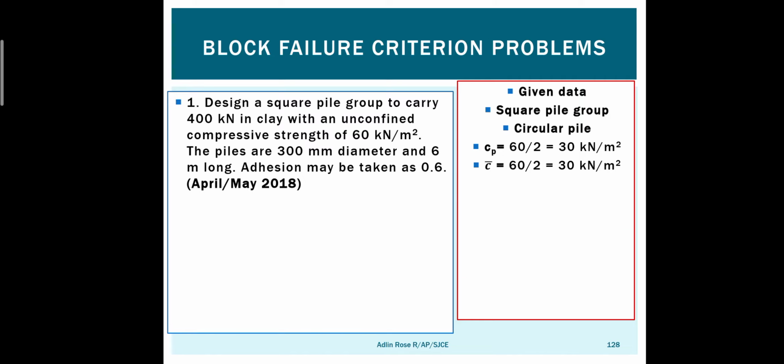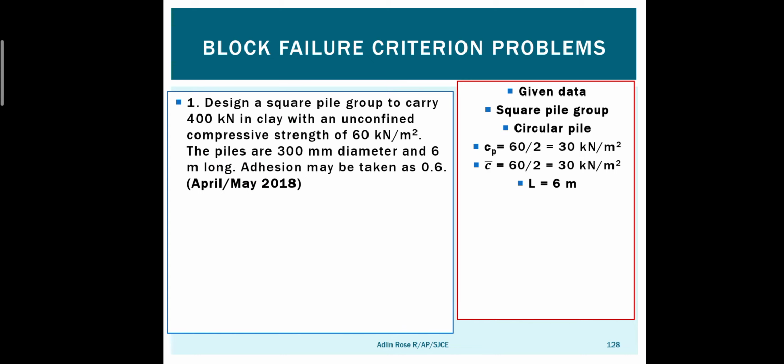At the end of the pile this is the unconfined compressive strength, and along the surface of the pile this is the unconfined compressive strength. They haven't given them separately, they have given a single unconfined compressive strength. So for both Cp and C bar the answer is the same: 60 by 2 equal to 30 kilonewton per meter square.